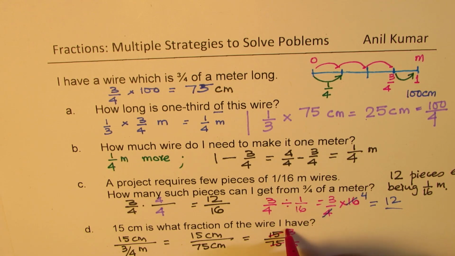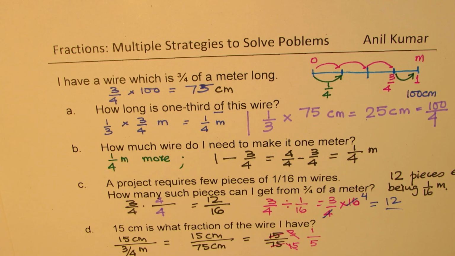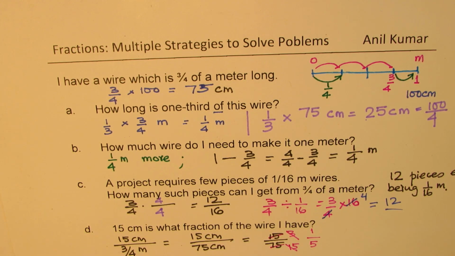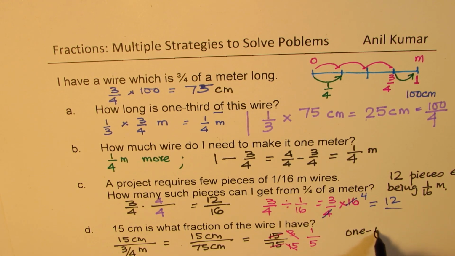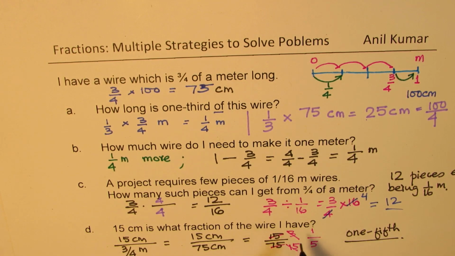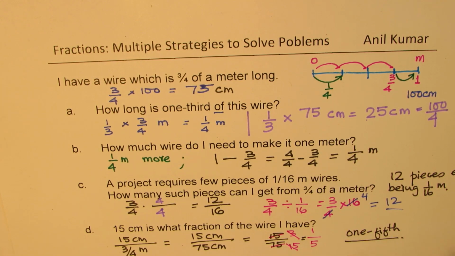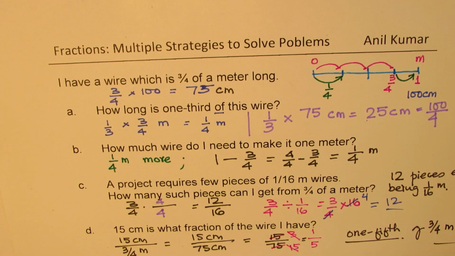Now we can divide these by 3 again, so we get 1/5, correct? So 15 centimeters is 1/5 of the wire. Right? So that becomes our answer. You can write it as 1/5 of the 3/4 meter. Is that clear to you, right?